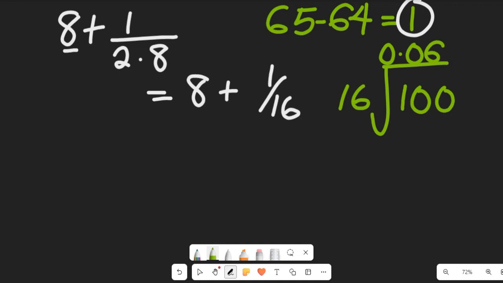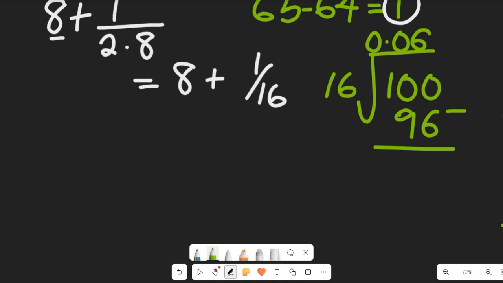And 16 times 6 gives me 96. If you subtract, this gives us 4.